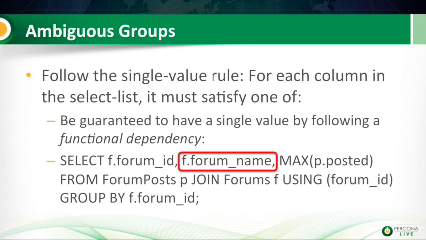And therefore, there can be only one value for a given forum ID. It will only give one name for each forum ID, and therefore it's unambiguous, and we can be assured that it will return the correct one. That doesn't show us the user ID who posted that max value. That's a different problem. But this is just demonstrating the way to get around the ambiguous results from group by.